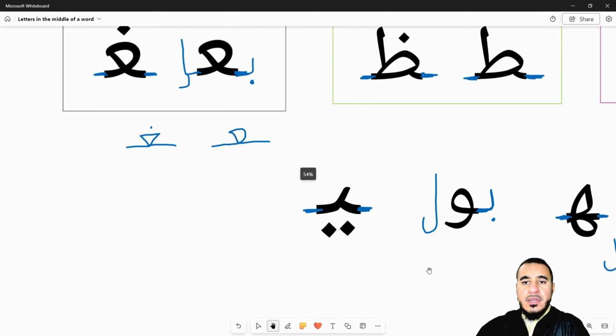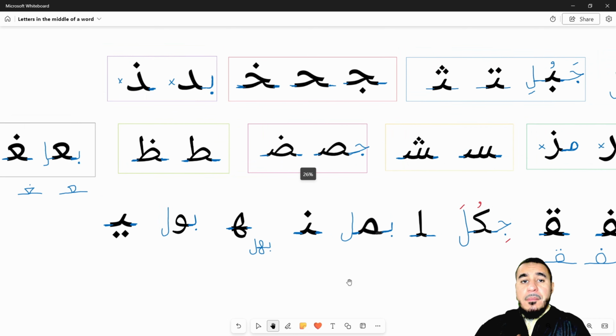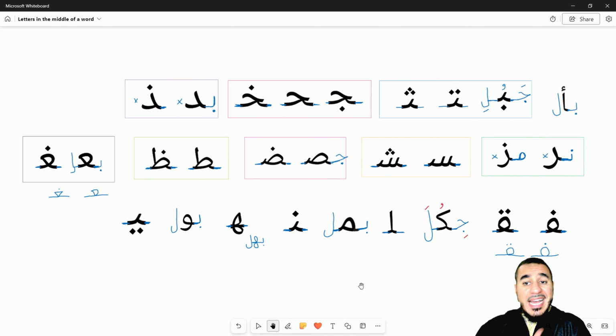Jamil jiddan. So we've looked at all of the letters now by themselves, and then we looked at all of the sounds that these letters make, and then how those sounds change depending on the harakat. And then we looked at how these letters look at the beginning of a word.